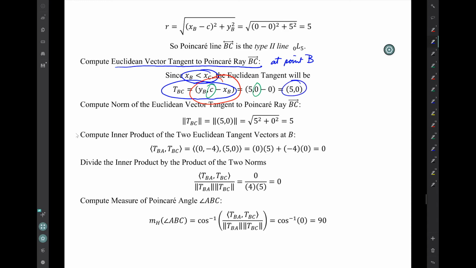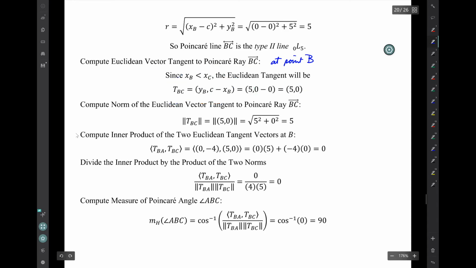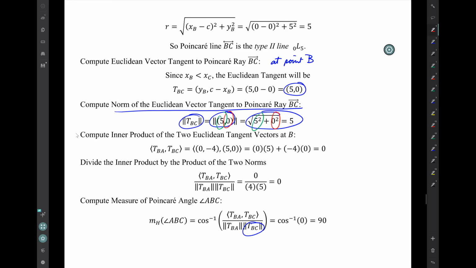That's the Euclidean tangent vector denoted t subscript bc. Remember, I'm also going to need the norm of that vector. You square the x-coordinate, square the y-coordinate, add them together and take the square root, and the norm is the number 5.